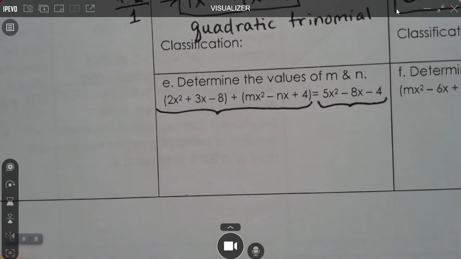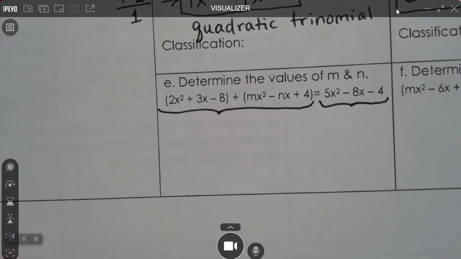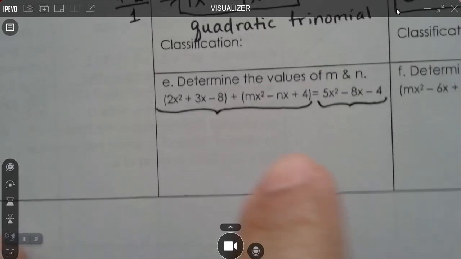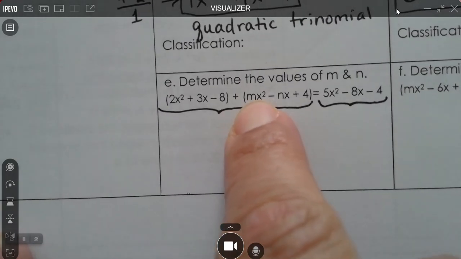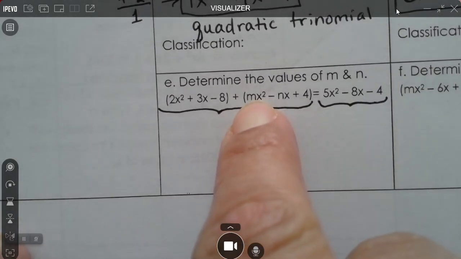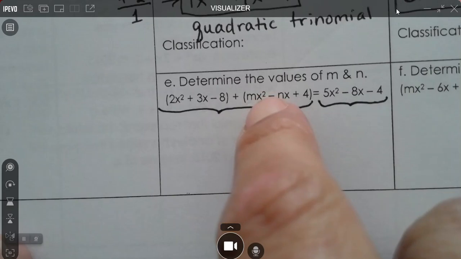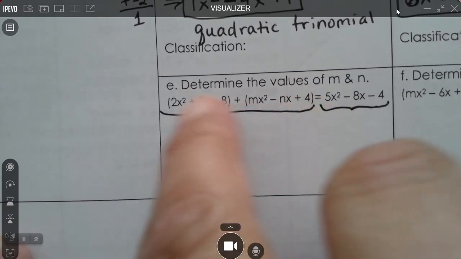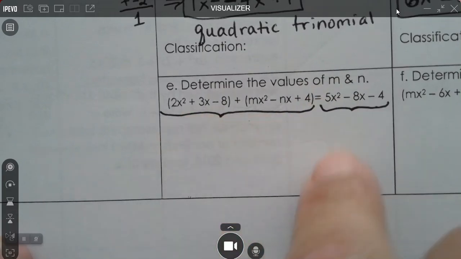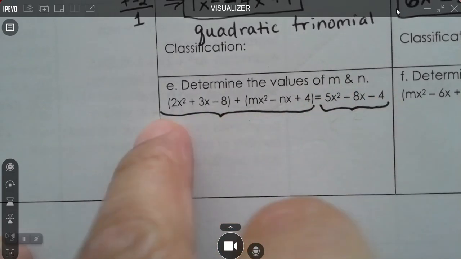Everybody see? So that means we need to simplify the left with a little bit of understanding that m is a number, a constant, or in this case, a coefficient, and so is this -n. So here we go.